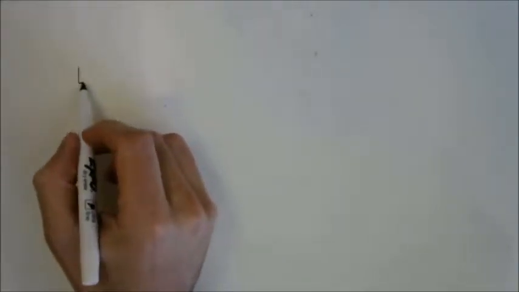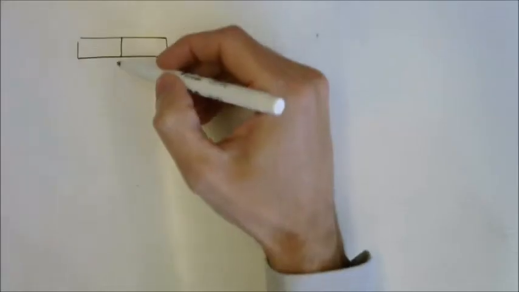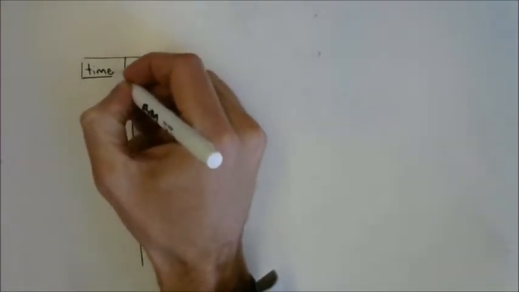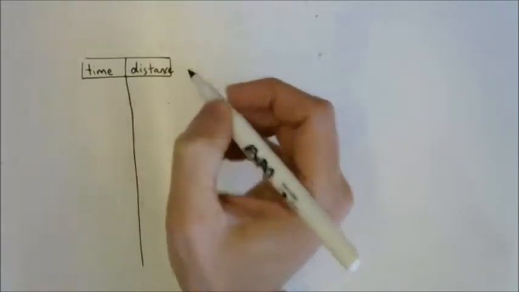So let's do A first. You have a table of values there, and you have two boxes at the top of your table of values. What are we relating to each other? Time versus distance. We're doing time and distance. So in your top left, we've got time. And in the top right, we have distance.